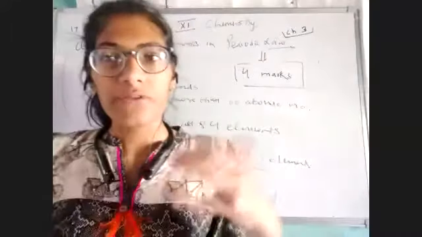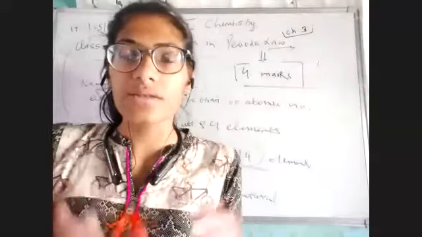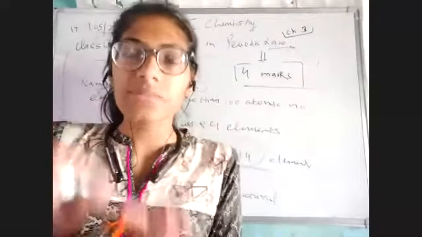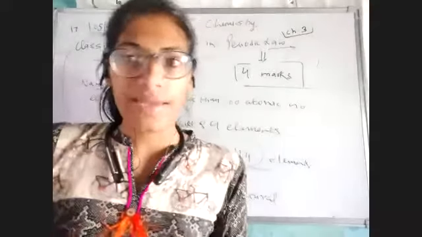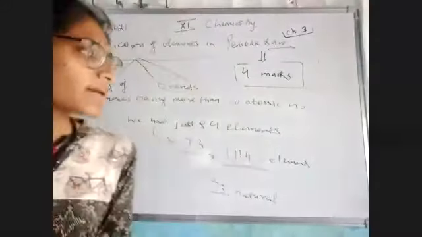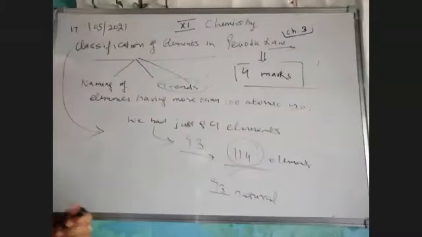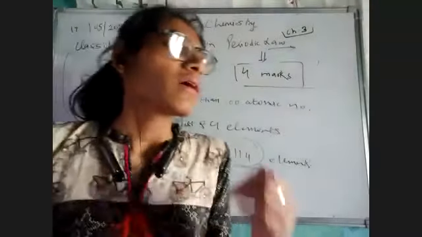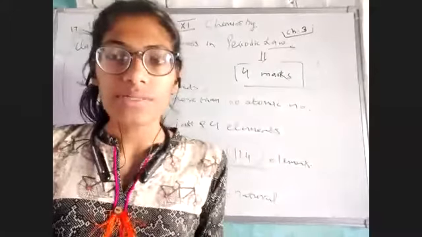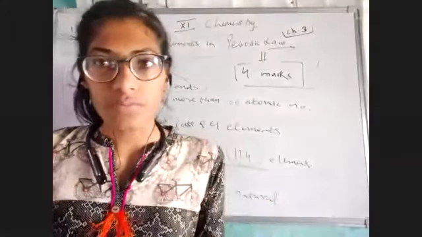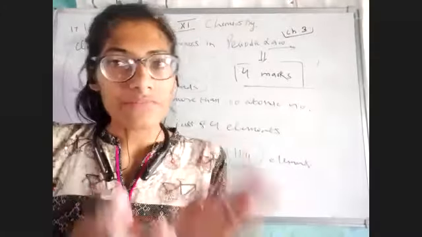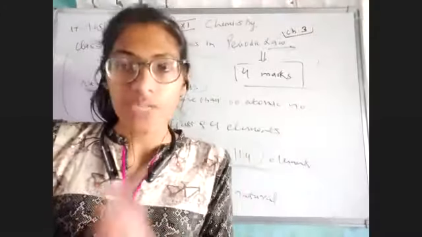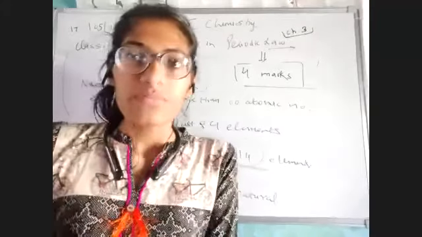There were so many different scientists who came and tried to arrange our elements in the periodic table. As we have studied in chapter number 2, in the form of atomic models, first we took Thomson's model, but after some time Thomson's model got rejected and we moved to the Rutherford model.